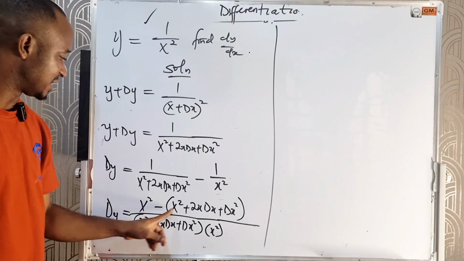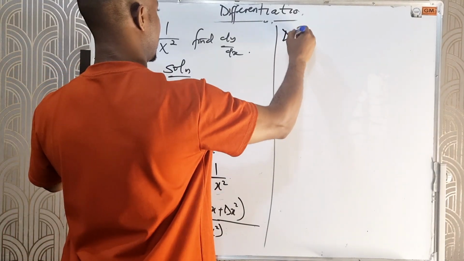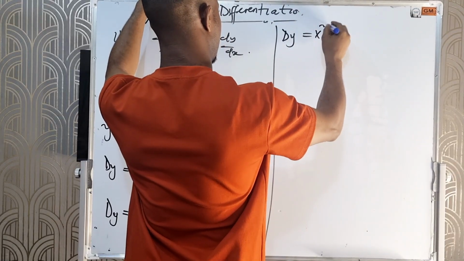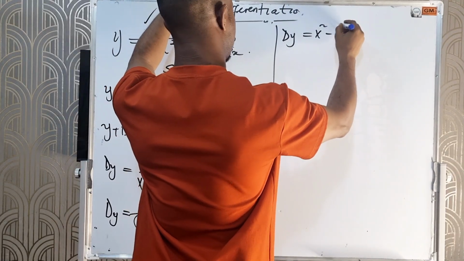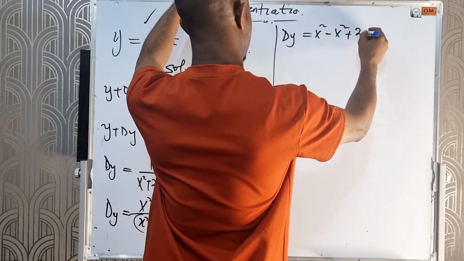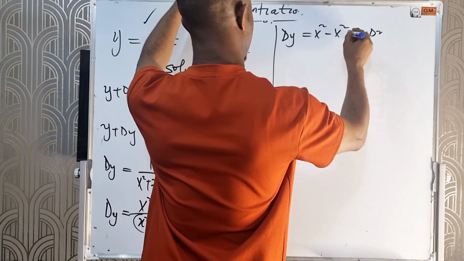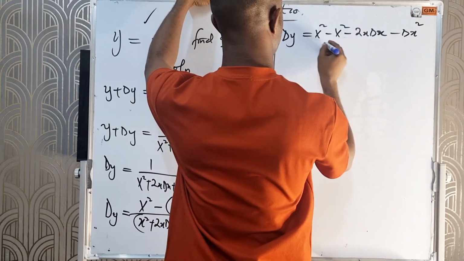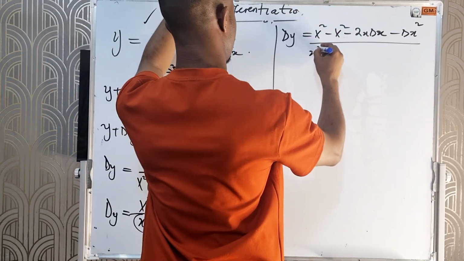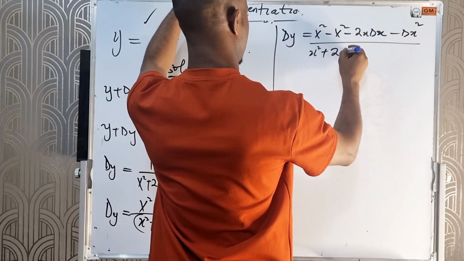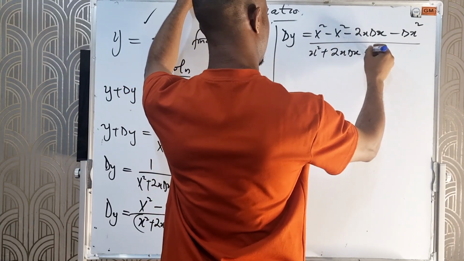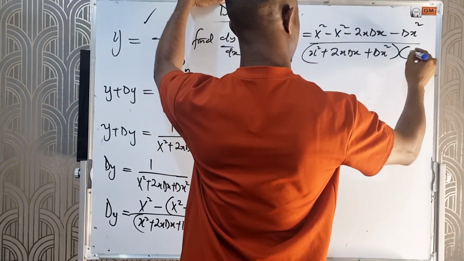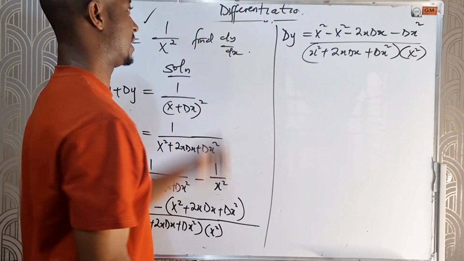By the time we expand this, we're going to be having delta y equals s squared minus s squared plus 2s minus 2s delta x minus delta x squared, all divided by s squared plus 2s delta x plus delta x squared times s squared, right?